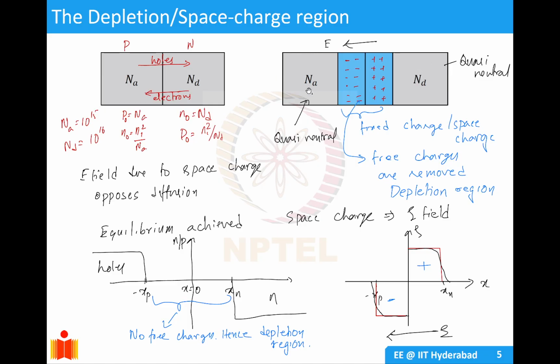There is no charge buildup in these regions. Only the charge buildup is in the depletion region. So these are called fixed charges, and these deplete the free majority carriers, which is why this is called the depletion region.